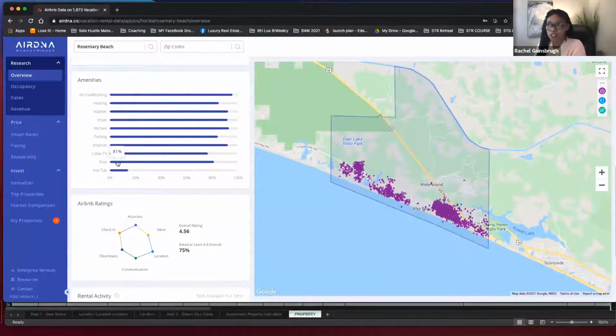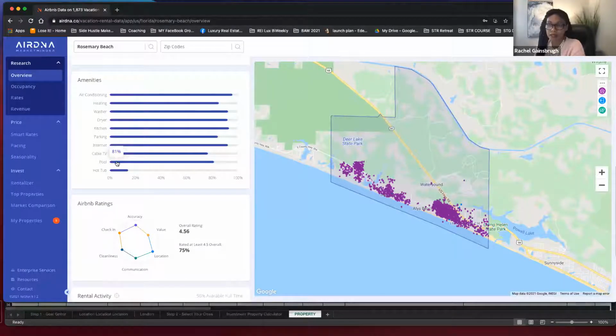In this particular market, the beach market, I'm going to be honest with you, it says pool, but bear in mind that it does not, and this is something I really struggled with, it does not stratify private pool versus community pool. And that is a big deal, especially right now.